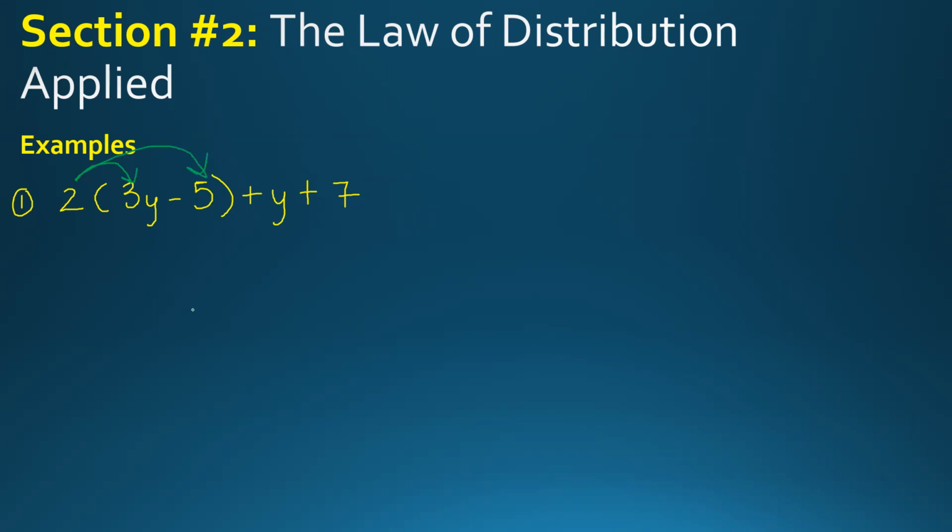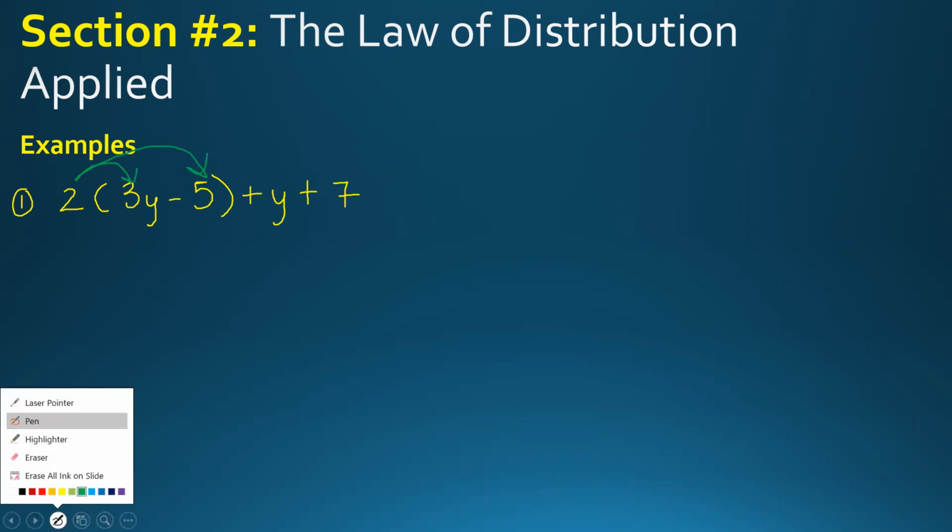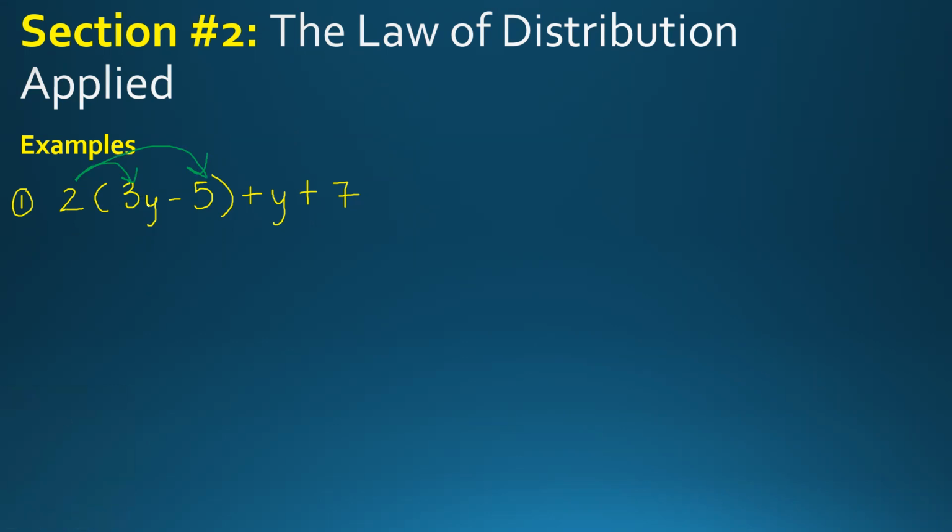Remember, just like how we did when we had the 6x. So let's do that. 2 times 3y. What is 2 times 3? It's 6. Very good. So it's going to be equal to 6y.